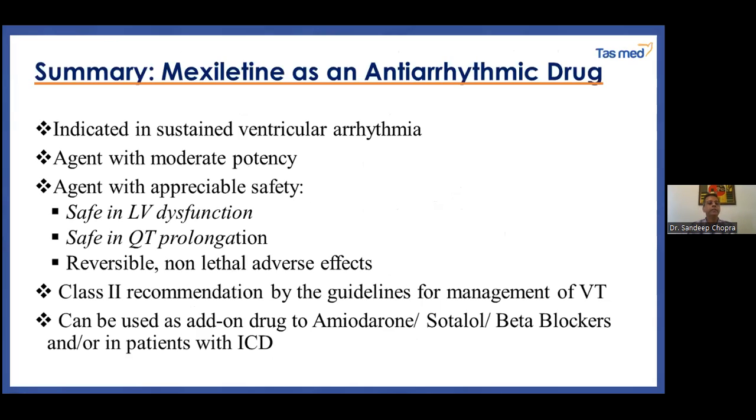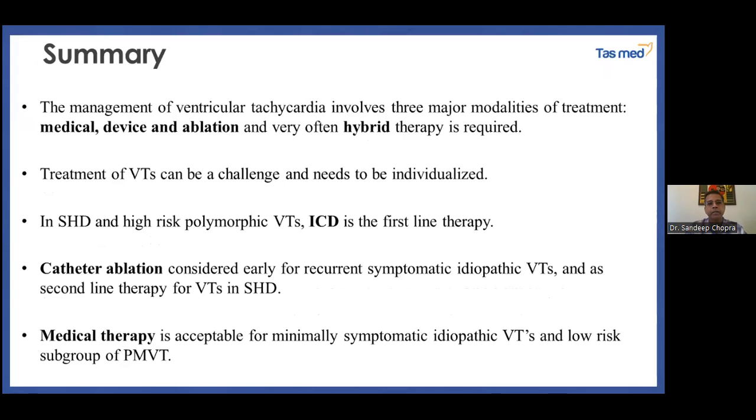It is an agent with moderate potency, has appreciable safety, safe in LV dysfunction, safe in QT prolongation, with reversible non-lethal effects. Class 2 recommendation by the guidelines for management of VT, it can be used as an add-on therapy with amiodarone, sotalol, beta blockers, and in patients with an ICD.